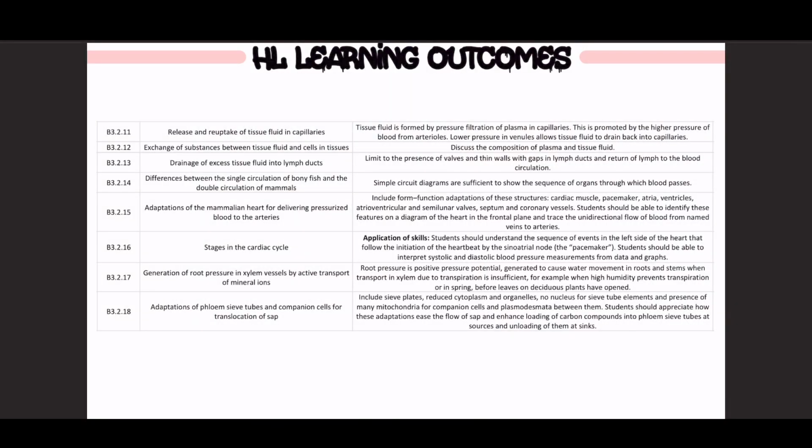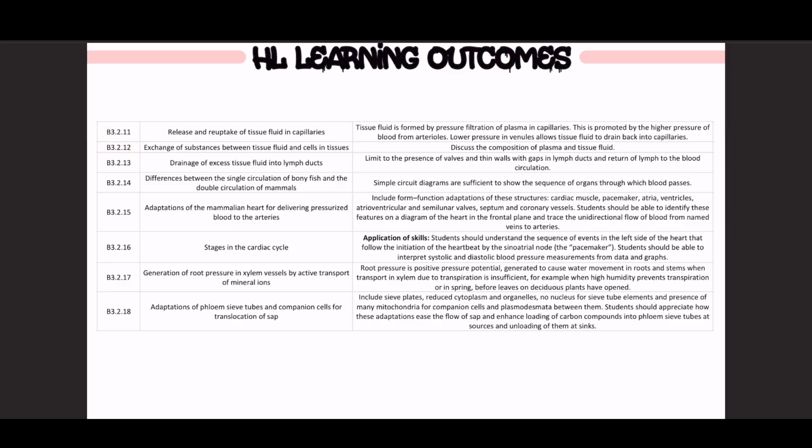Let's go over the additional higher level learning outcomes for subtopic B3.2 Transport. Similarly to subtopic B3.1 Gas Exchange, some of the learning outcomes deal with the processes occurring in animals, and some of the learning outcomes deal with the processes occurring in plants.